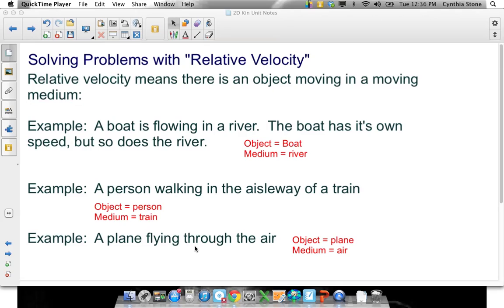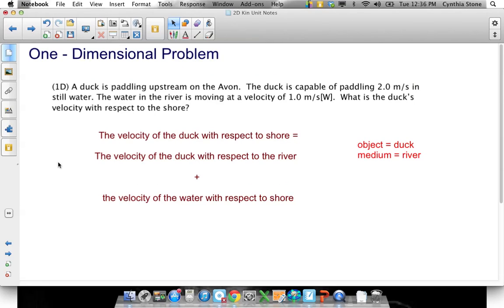Another one that we use all the time is a plane flying through the air. I sometimes think of this as the planes, trains, and automobiles unit. There you have a plane, and its medium is air. So a little example: imagine a little duck traveling upstream, so against the current. The duck, if there was no current, could go 2 meters per second, but the river velocity is 1 meter per second.